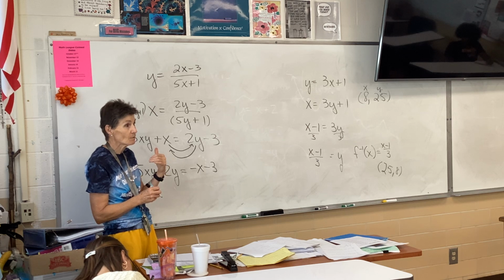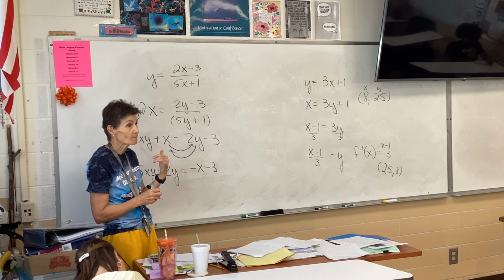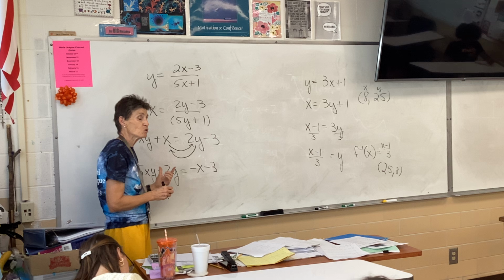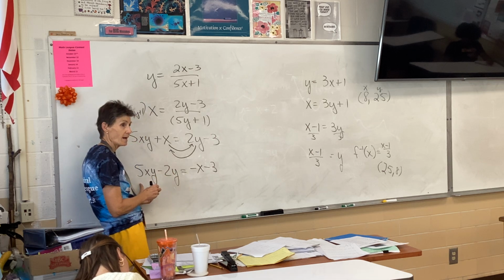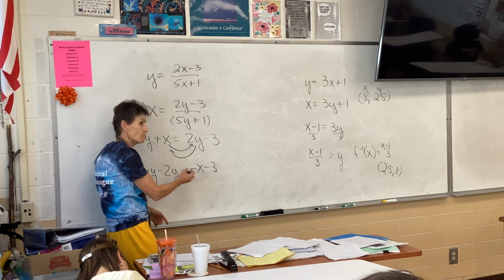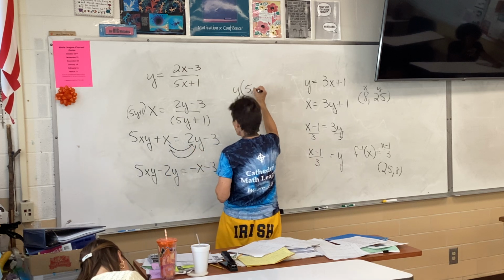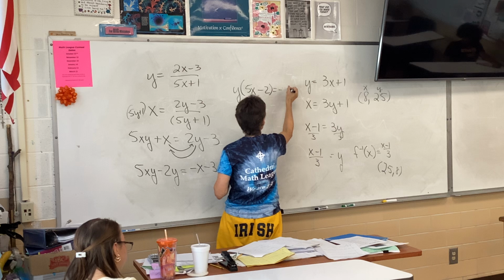Does that make sense to you, Ronan? Do you have x's on both sides? Yes. Remember, I'm solving for y. Now, once you get them both on the same side, I'm going to factor them out. And now, Jake S., I don't have 2 y's anymore, do I?